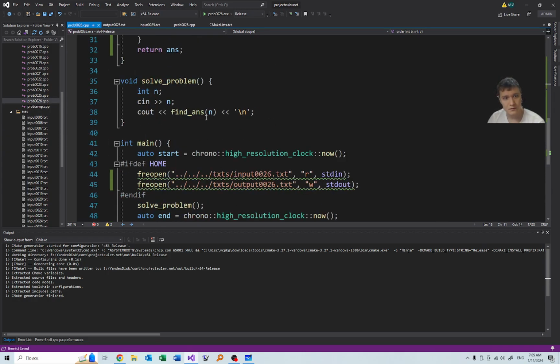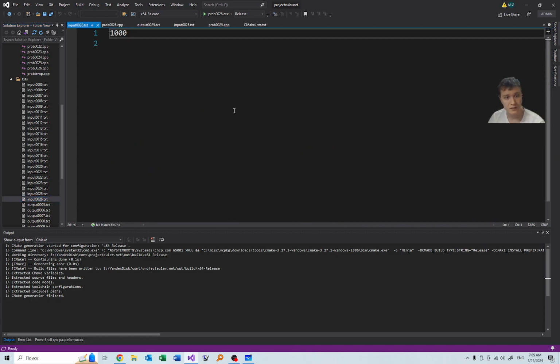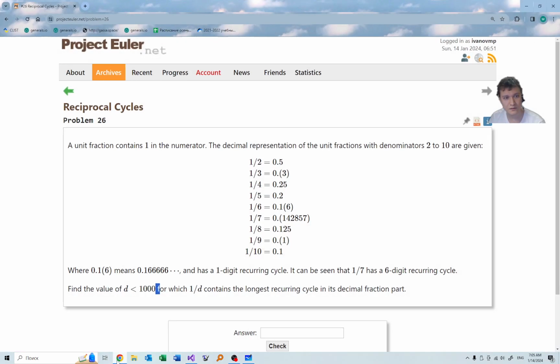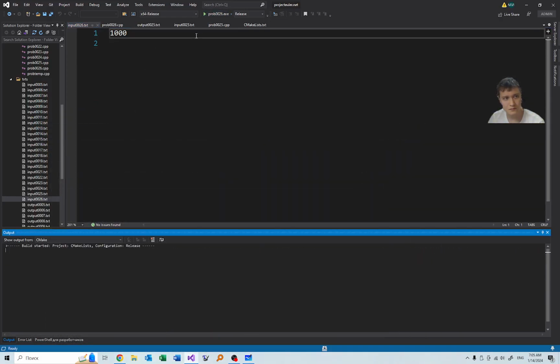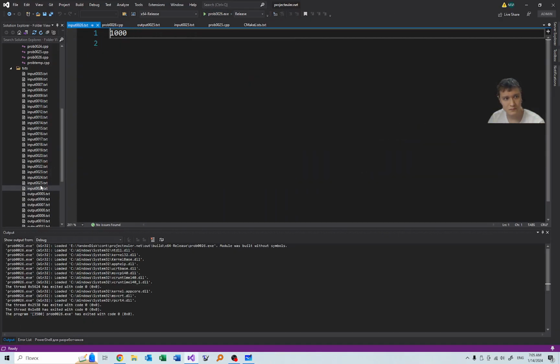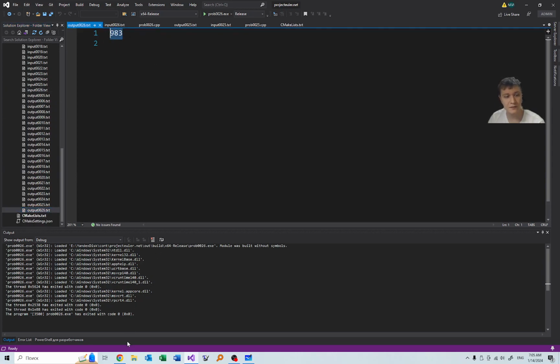Great. Finally, we create a new input file. And here we store 1000. Let's see what it says. It says 983.